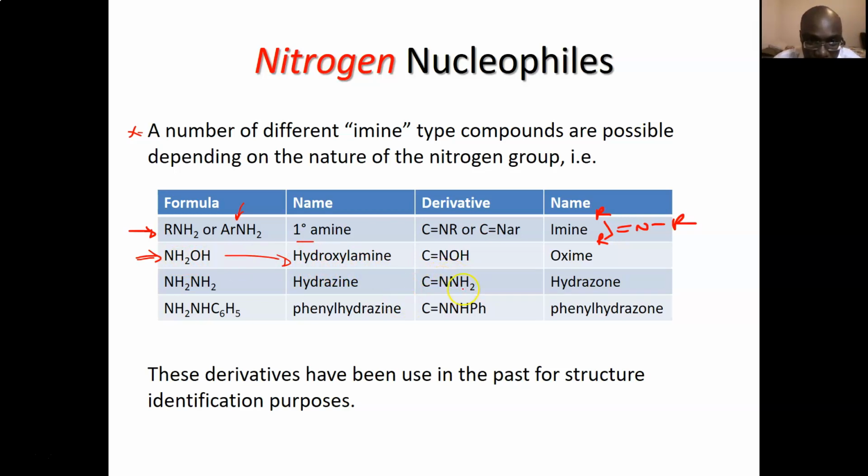This is how it will look. If you react it with a carbonyl, you get what is called an oxime, and so forth. So I'm not going to emphasize these other amine products. Hydrazine will give you hydrazone, phenylhydrazine will give you phenylhydrazone. I will not emphasize those. I'll test you on the first one.